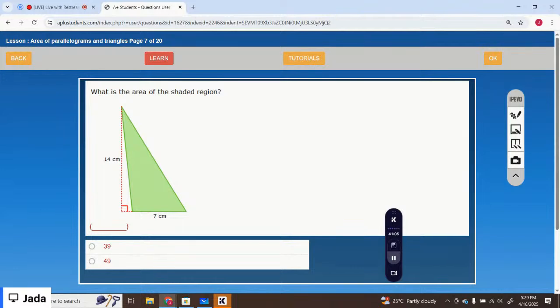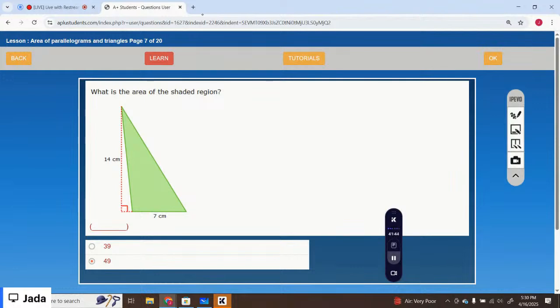What is the area of the shaded region? Option number 2 is the correct option.